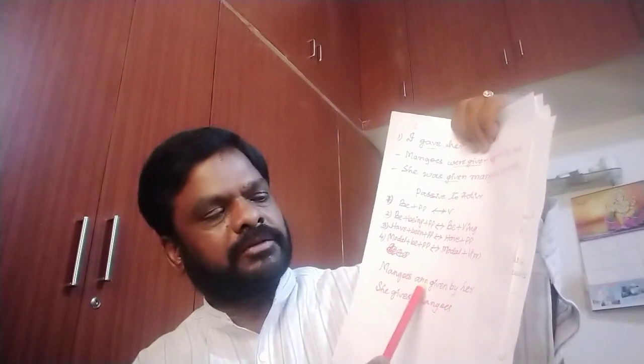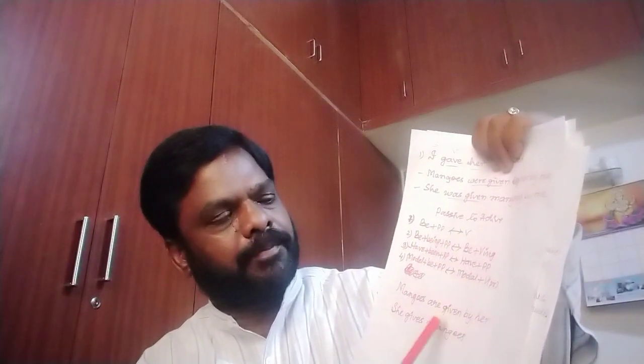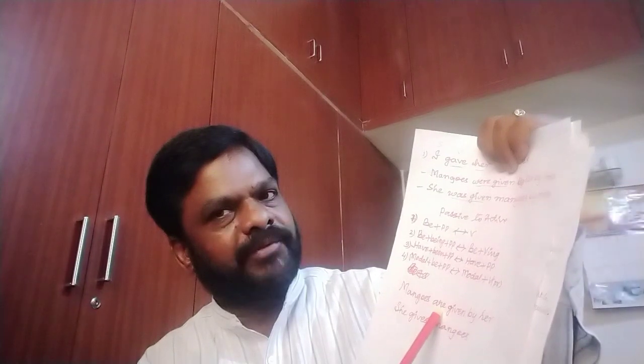She, so are given, that is be form are, then past participle given. So that you have to change the verb. Verb means if the be form is present tense, you have to take present tense verb. If the be form is in past tense, you have to take past tense verb. Here are is the present tense, so gives. She gives mangoes.